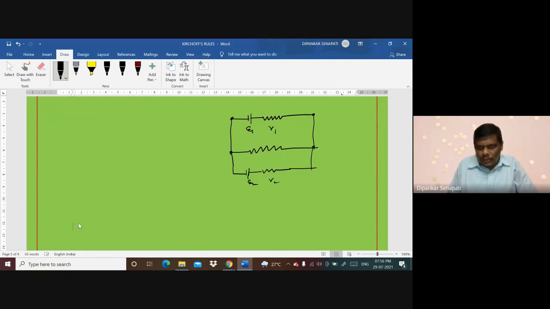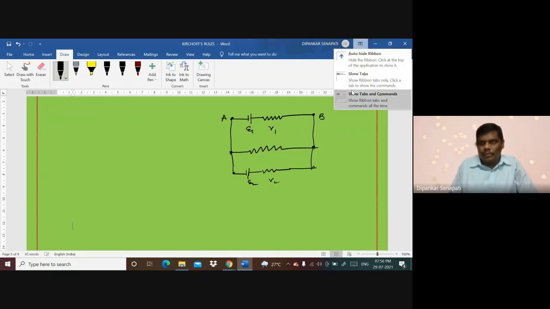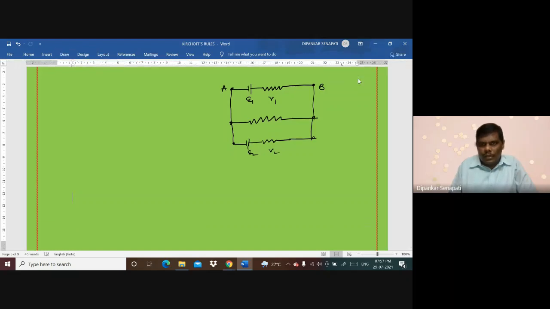So you can see how many closed paths are there. There are three closed paths we can consider, that is A, B, then C, D, and E, F. This we will apply for each closed path.